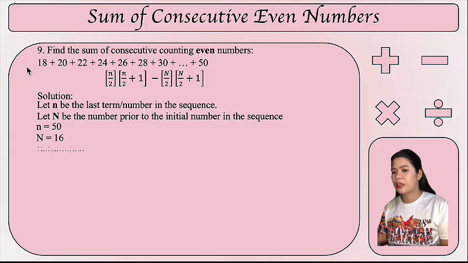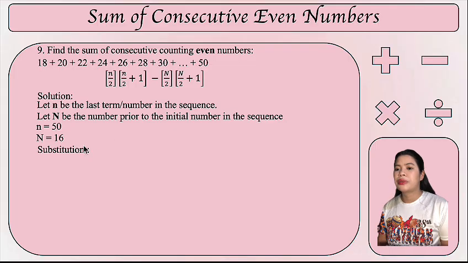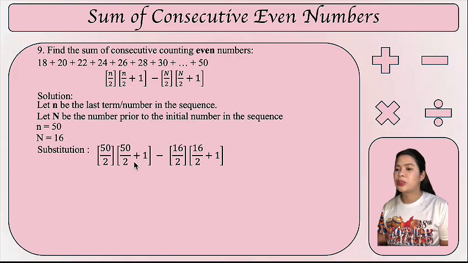So first step, we are going to be substituting. So we're going to substitute these values for small n and big N. So we are getting 50 divided by 2 multiplied by 50 divided by 2 plus 1 minus 16 divided by 2 multiplied by 16 divided by 2 plus 1.